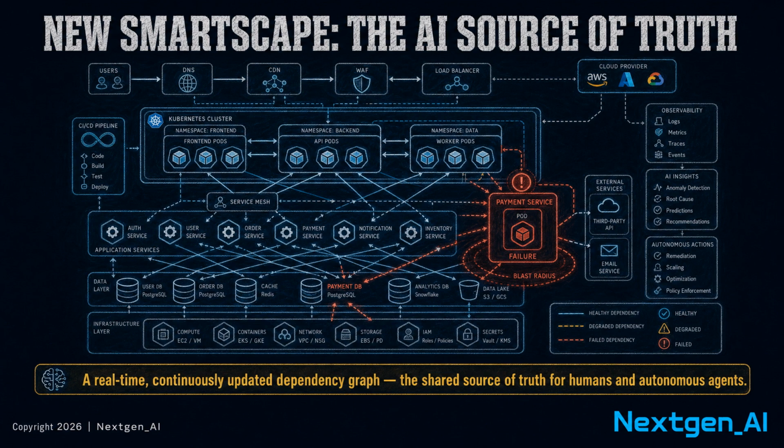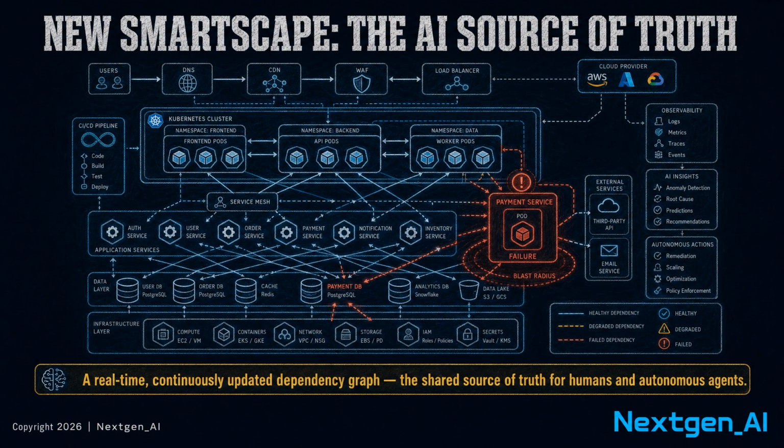For an AI agent, Smartscape represents the ultimate, unshakable source of operational truth. It delivers the precise, dynamic context needed to understand an issue's true blast radius and downstream impact. Consider a database connection pool exhaustion problem. Smartscape instantly and automatically reveals every impacted microservice, every affected user group, and every dependent business transaction.